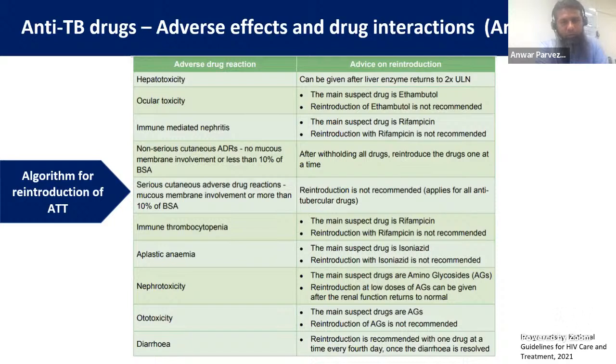Likewise immune thrombocytopenia, toxic epidermal necrolysis, or severe skin reactions. Then aplastic anemia, which can happen because of isoniazid, where it is not recommended to reintroduce INH. Ototoxicity because of aminoglycoside can cause permanent damage. So you need to be careful while using these drugs, and if there are serious toxicities, it is advised not to reinitiate them.